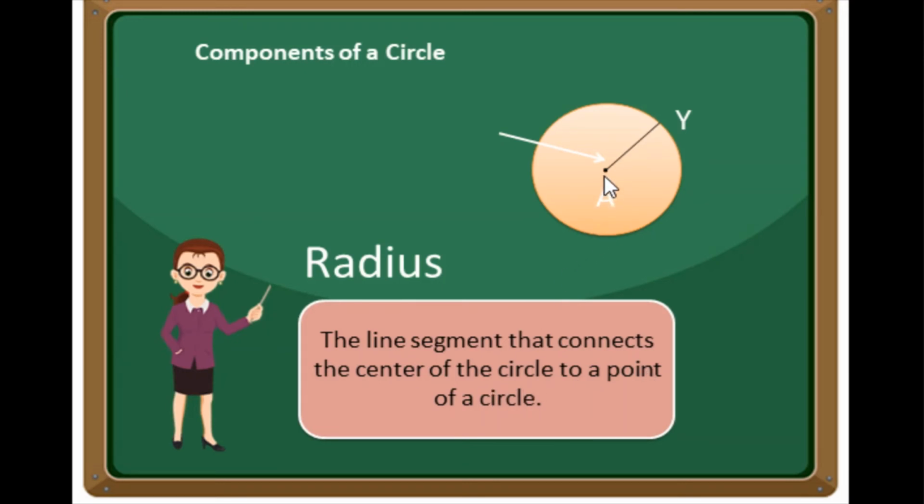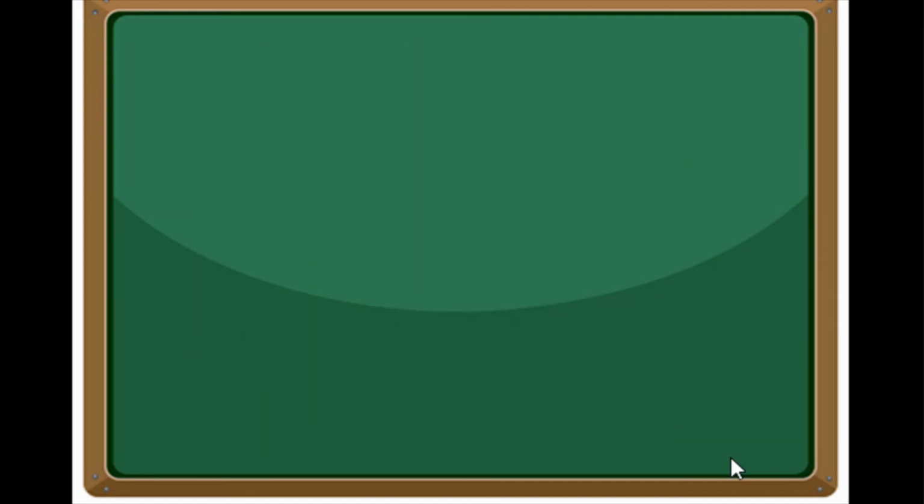Example, this point A going to point Y. It's the radius. Alright, we had circumference, center, diameter, and radius.